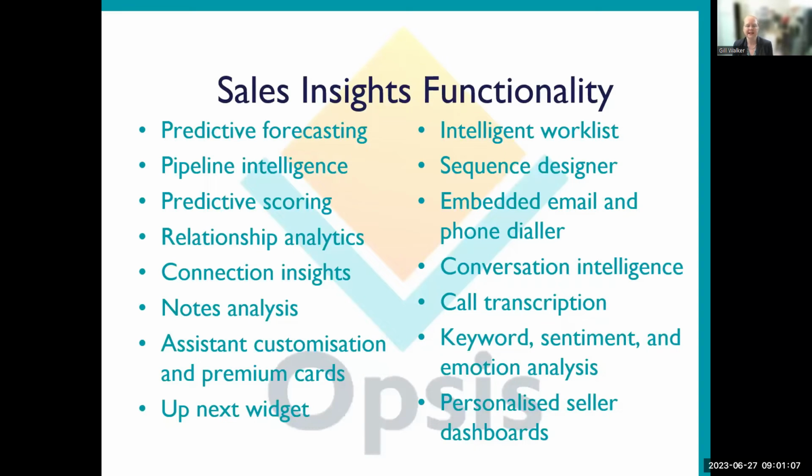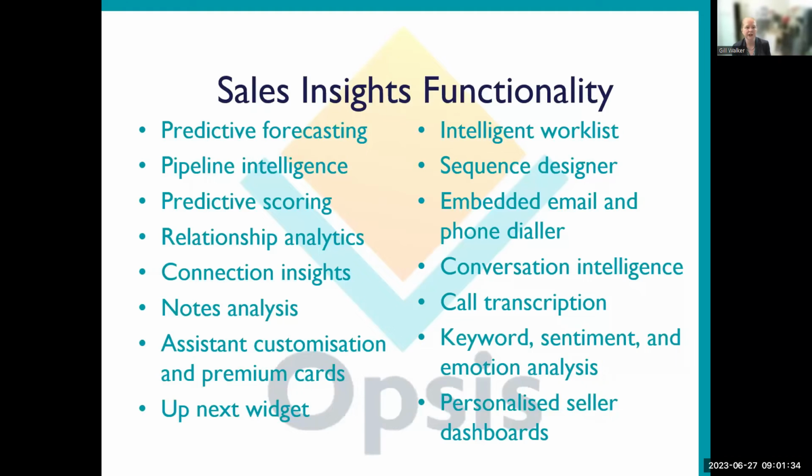So inside sales insights, we've got predictive forecasting, which I'll show you later on, pipeline intelligence, predictive scoring of sales that helps you know which sales are more likely to win and when, relationship analytics, connections and insights, so that's who knows who.